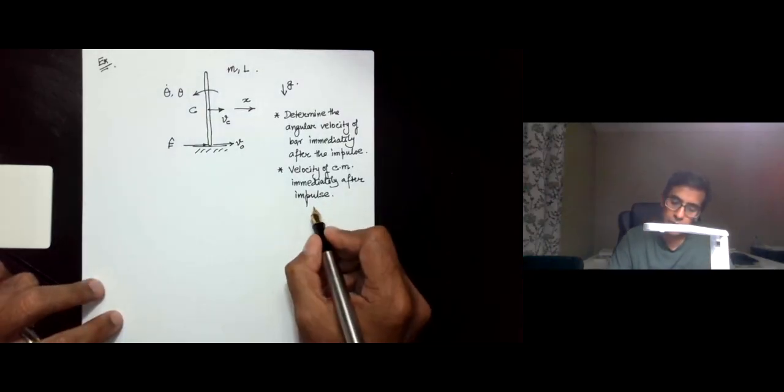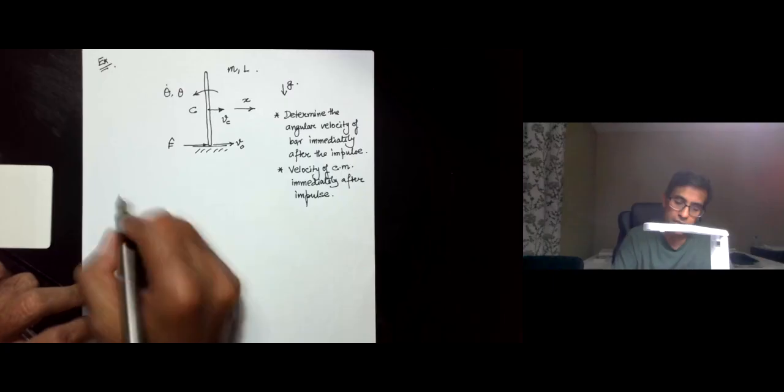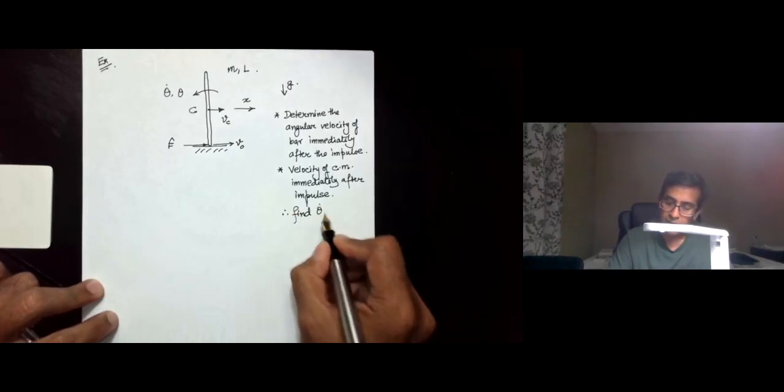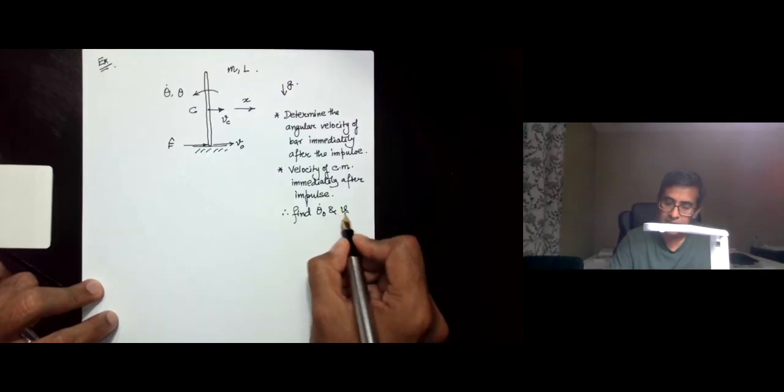So we find theta dot 0 and Vc 0, where 0 means the velocity right after the application of the impulse.